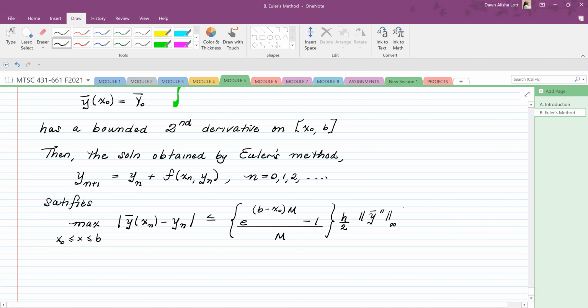That is less than or equal to C times h. Now I've got to remember what C is. Okay, this is the global error.